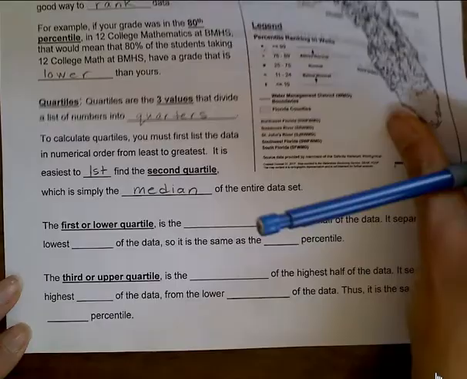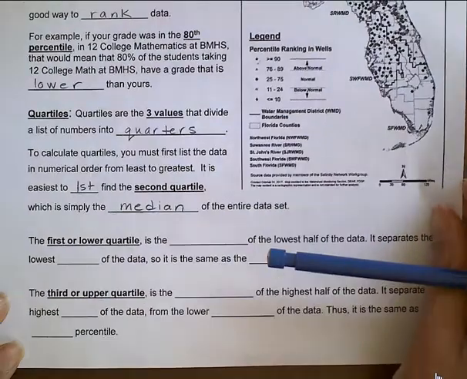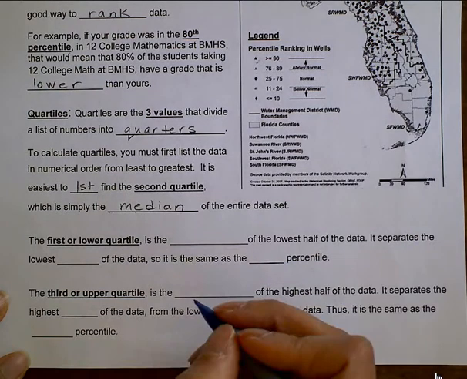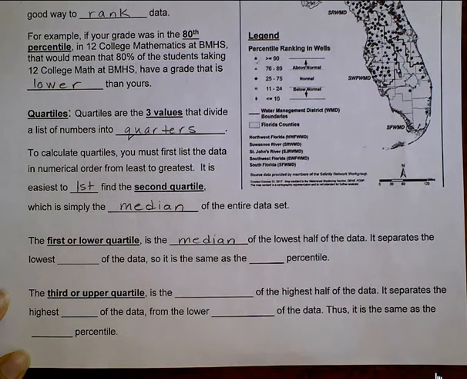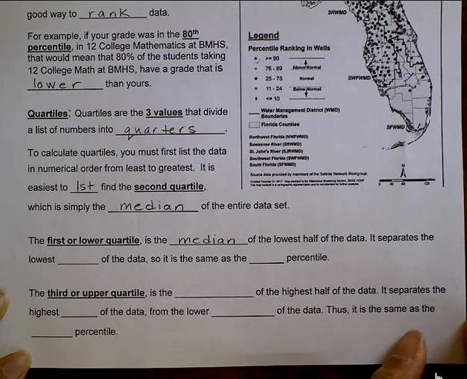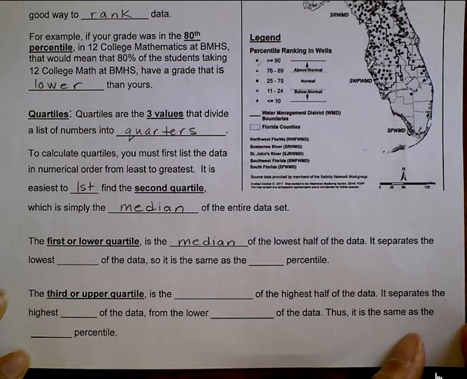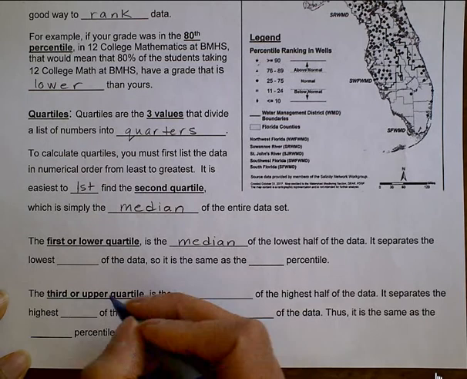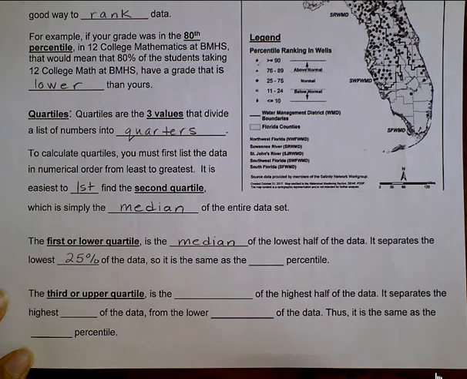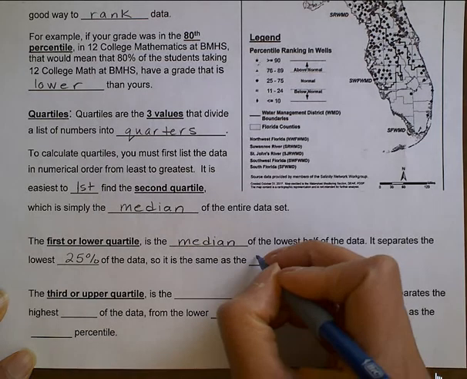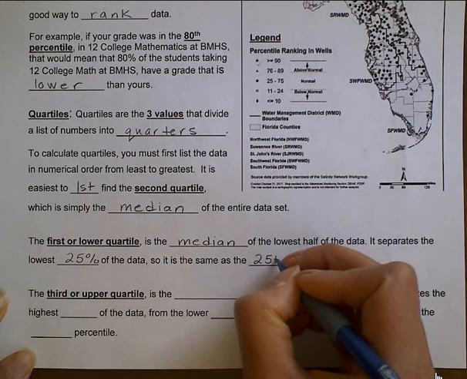The first or lower quartile is the median of the lowest half of the data. It separates the lowest 25% of the data, so it is the same as the 25th percentile.